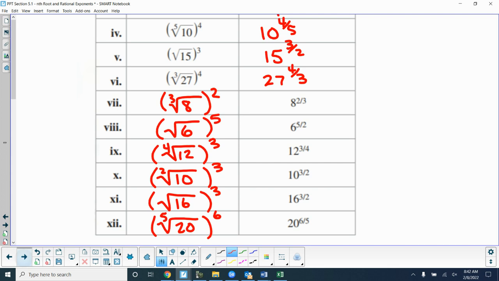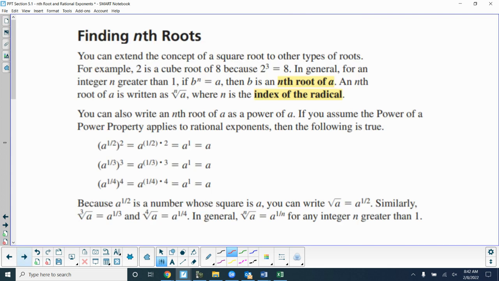All right. So it says you can extend this concept of a square root to other types of roots. For example, 2 is a cube root of 8 because 2 to the third, or 2 cubed, equals 8. In general, for an integer n greater than 1, if b, the base, to the nth power equals a, then b is an nth root of a.